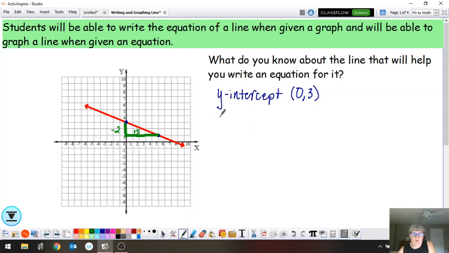So my slope, my change in y over change in x, or delta y over delta x, is -2 over 5. So those are 2 things I know about this line. Now something else you may recall, one form of an equation of a line is slope-intercept form.